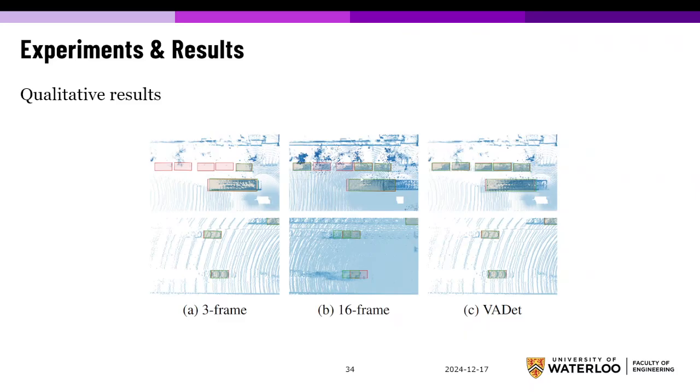They are aggregated over 16 frames and they're dense objects, but they're not actually detected accurately by our detector. We hypothesize that's because of the interference from the background points that are also aggregated very densely. But in our case, because we're not aggregating the background, we're only focusing our detection on the foreground objects and aggregating those foreground objects.